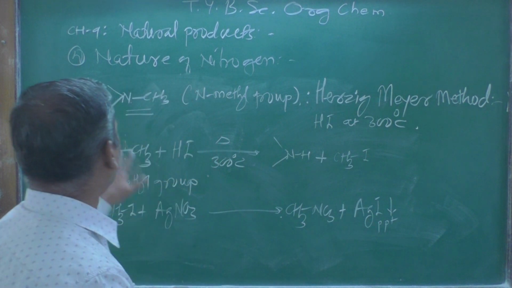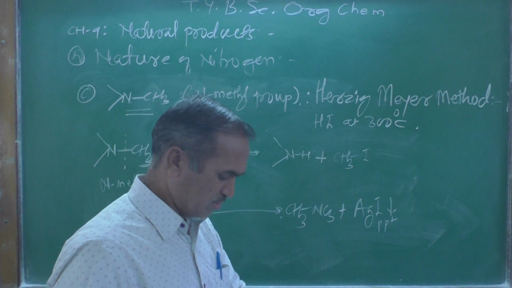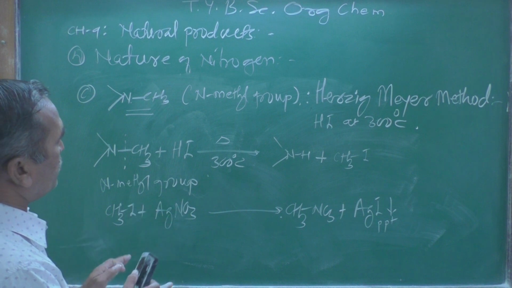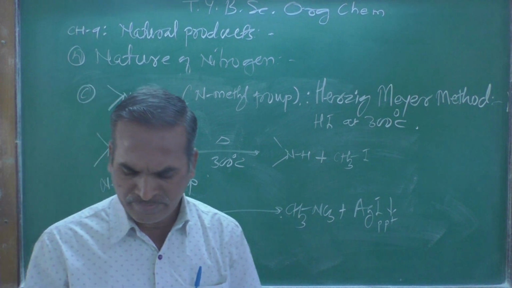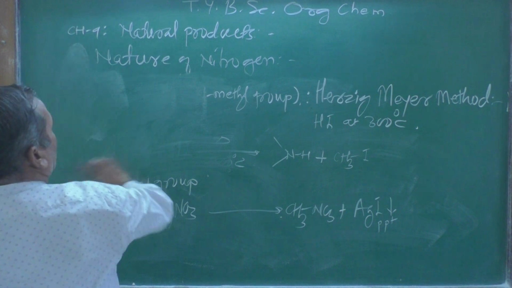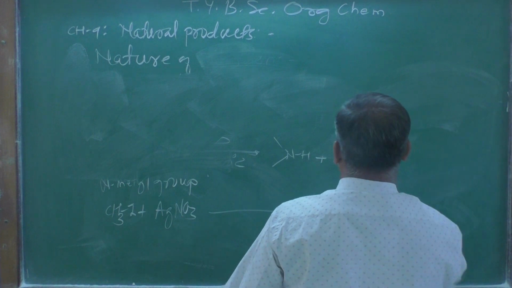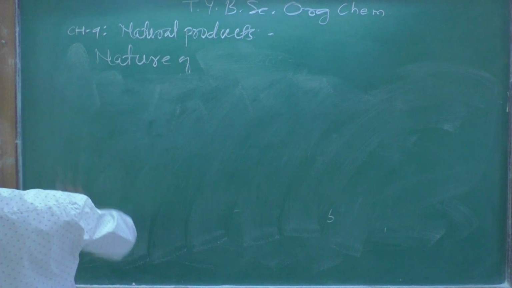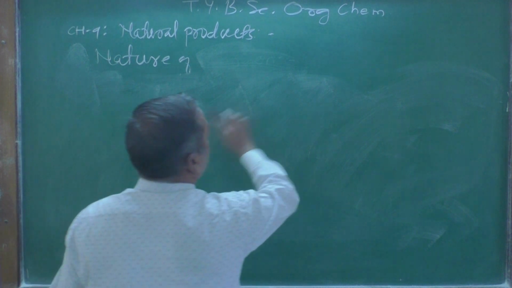Now let us see the nature of the heterocyclic ring. Whatever we have seen so far was about the nature of the nitrogen atom. Now onward we are going to discuss the nature of the heterocyclic ring, the fifth point. How will you prove the presence of a heterocyclic ring in the alkaloids?